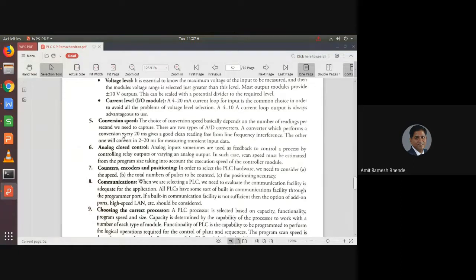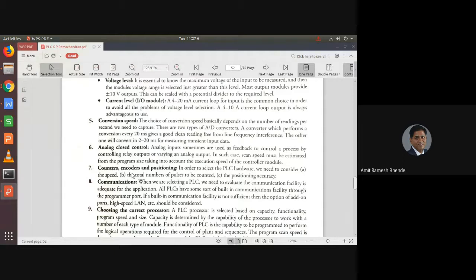And if your application is very transient, very fast, just like if you are measuring a vibration. For measuring a vibration, 1 second of data contains a lot of mode shapes. It can change the pattern 1000 times in 1 second.